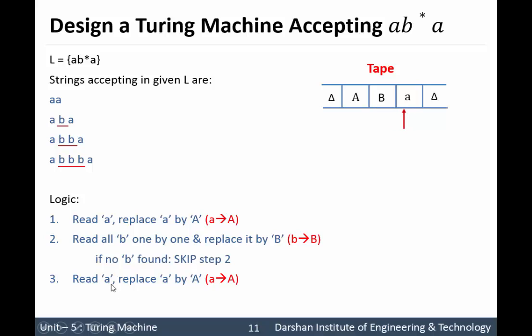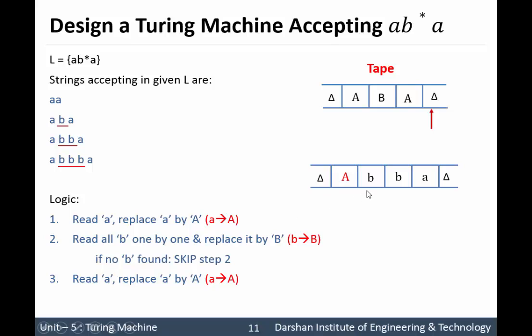And in the last step, read a and replace small a by capital A. Again move to the right direction. Now tape head is on the delta and delta is not part of the input string, so no need to process the delta. Let us take another example.